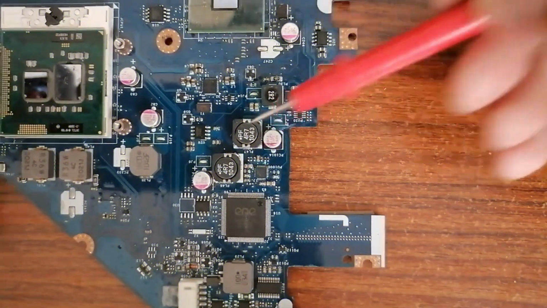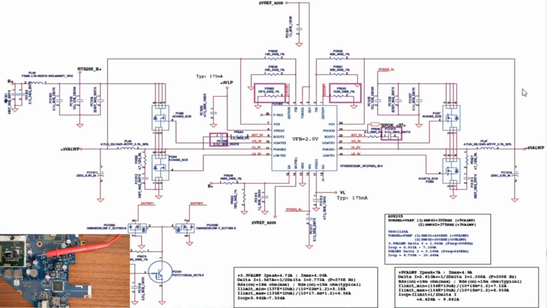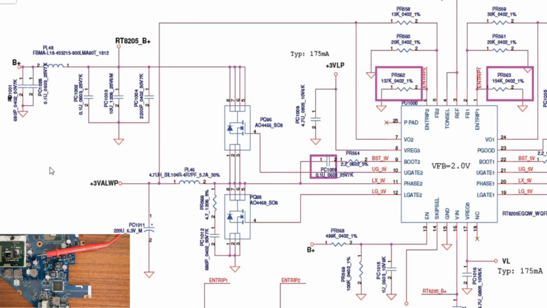Here we have the 3 volt 5 volt circuit. As you see here in the schematic, we have the first channel for 5 volt and the second channel for 3 volt. So we have plus 3 volt always. This is the first channel where we have the IC, two MOSFETs, inductor and electrolytic capacitor.